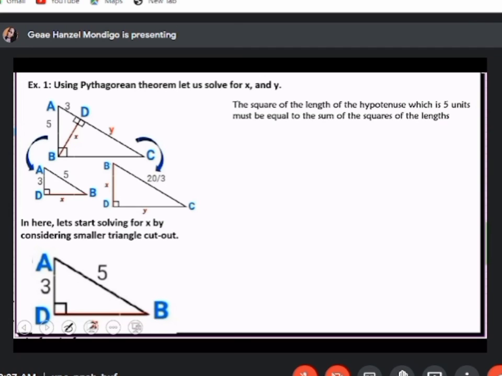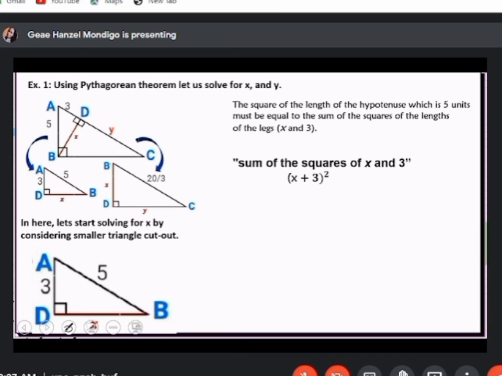So can I ask, how do you translate into an expression the sum of the square of x and 3? Is this correct, class?